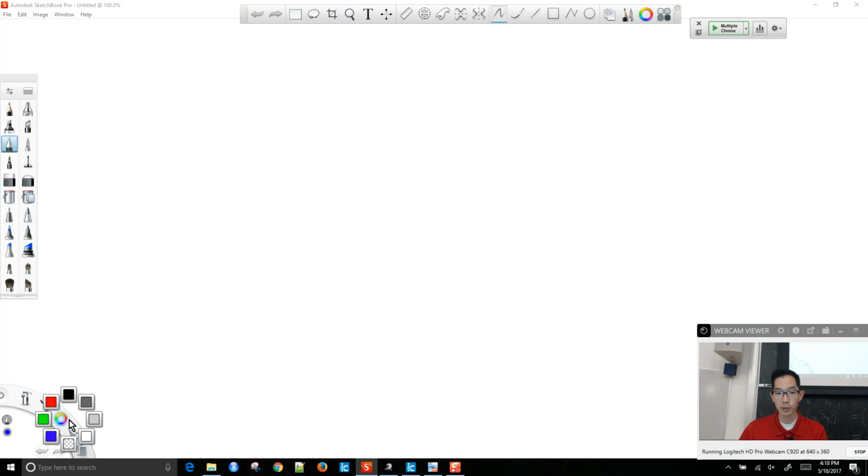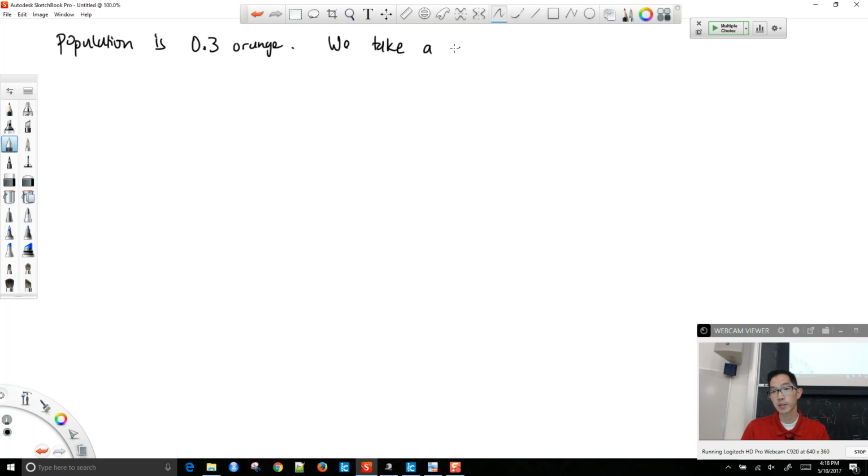Okay, and so again, we'll start off with the same. We'll say the population is 30% orange pieces. We take a random sample of 50 pieces of candy.